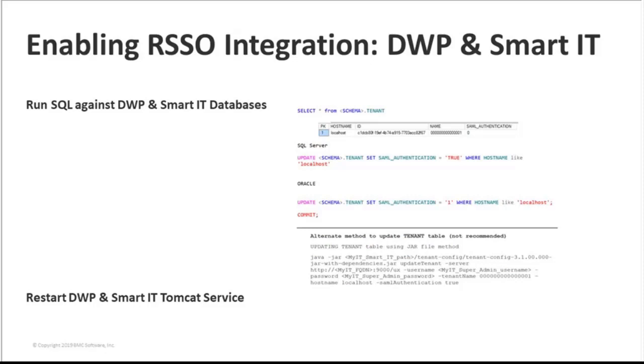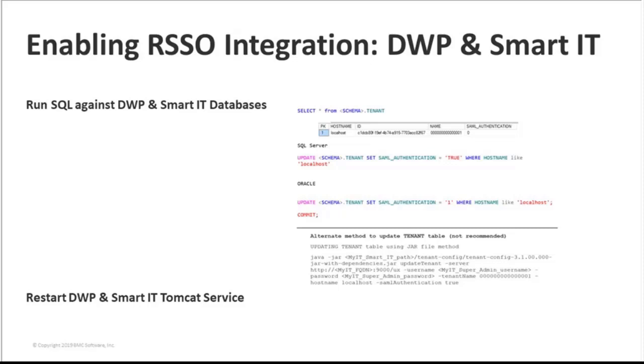I have given the update SQL query in this slide that you can use. There is also a jar file that does this work, just in case you don't have direct access to the database. But I have seen in a couple of versions that the jar file had some issues in updating, so I recommend that you use the update query.